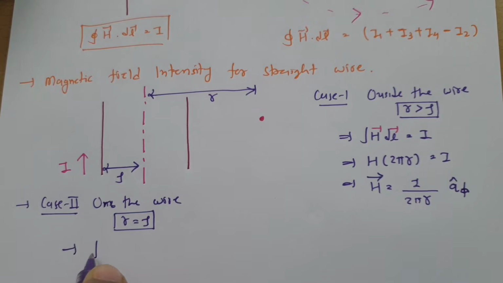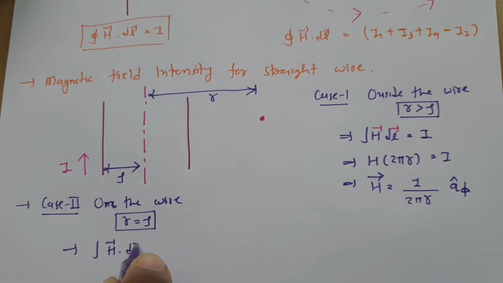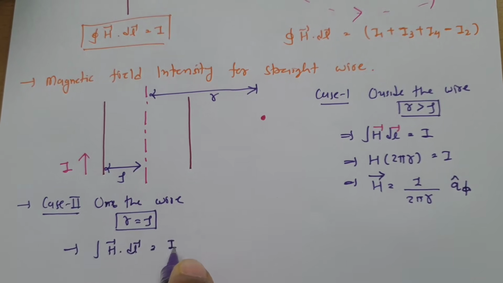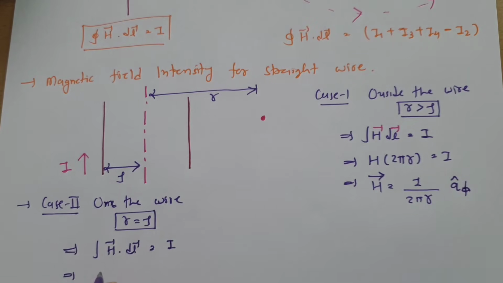So here again, the integration of H dot dl will be again I, and here H and dl are both in the same direction, making H into the integration of dl.